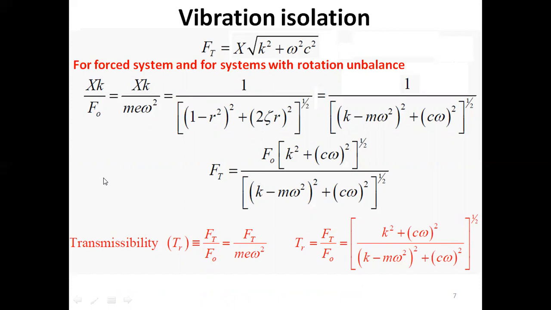And we already discussed in the case of the forced vibratory system, and the system vibrating due to rotating unbalance, we come up with the mathematical model for this displacement. That mathematical model was capital X k by F naught in case of harmonic excitation, and in the case of rotary unbalance, it was capital X k by m e omega.